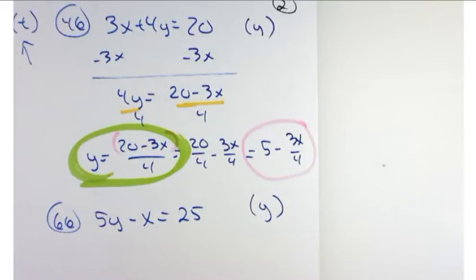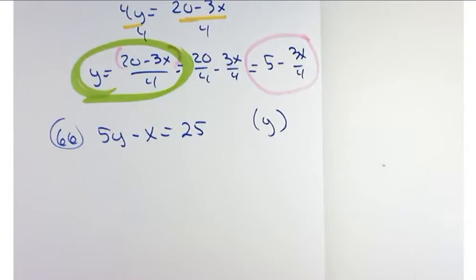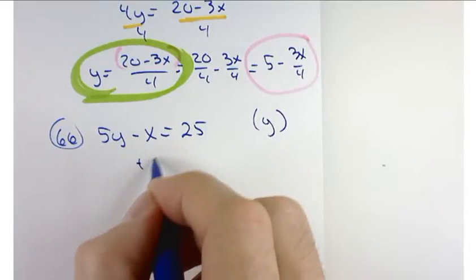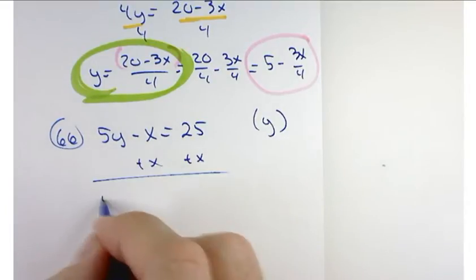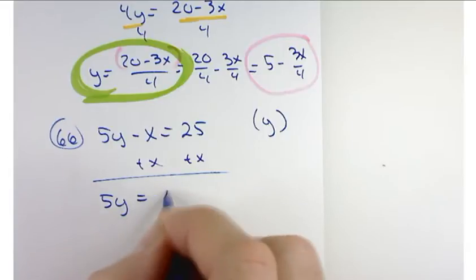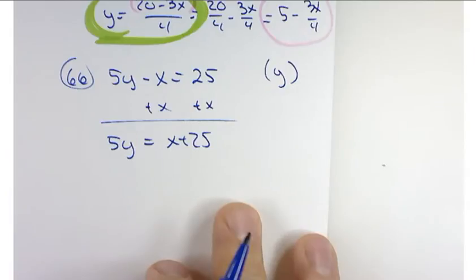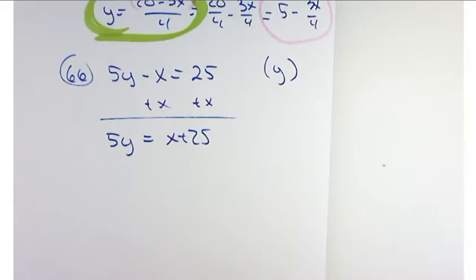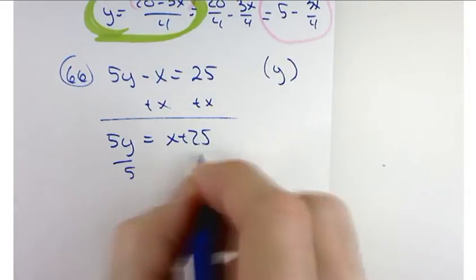Similar things going on in problem 66. I want to solve for y. I'll start by adding x to both sides. 5y equals x plus 25. How do I finish this one up? Divide by 5. So divide by 5 on both sides.